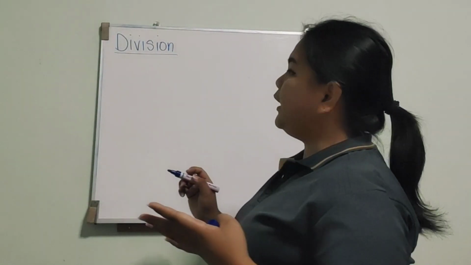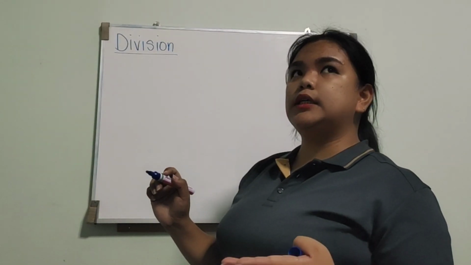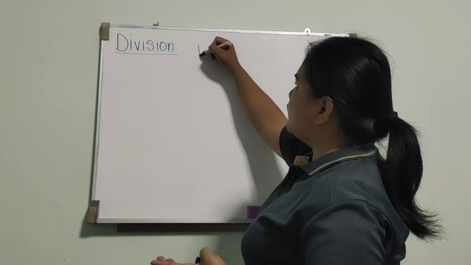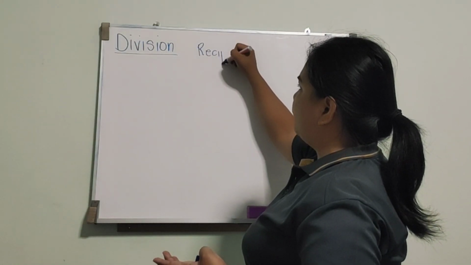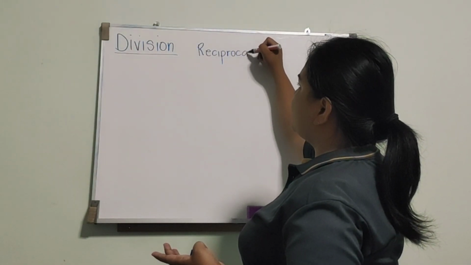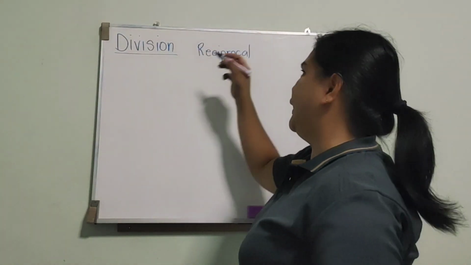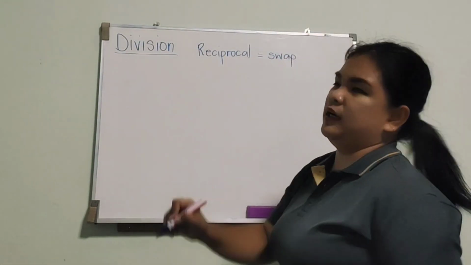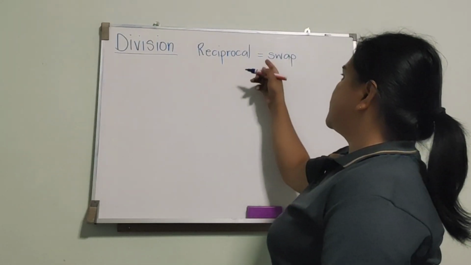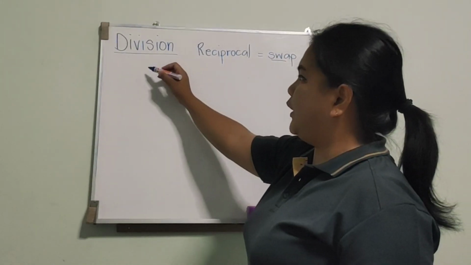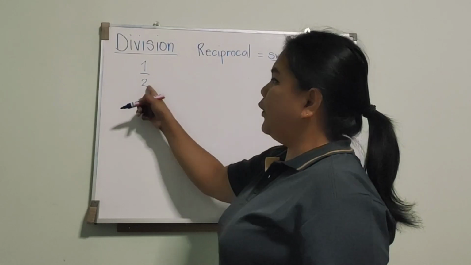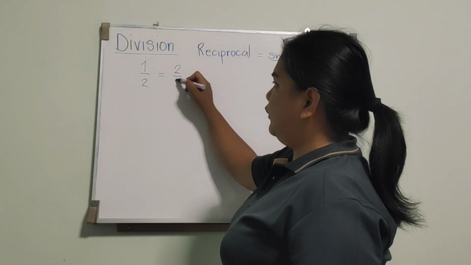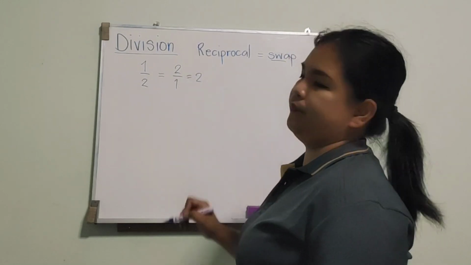In division, we have a very important thing, which we call the reciprocal. In other books, they call this one a swap. I just make it an easier word. So, swap. For example, we have 1/2. When we swap this number, you will get 2/1 or 2.